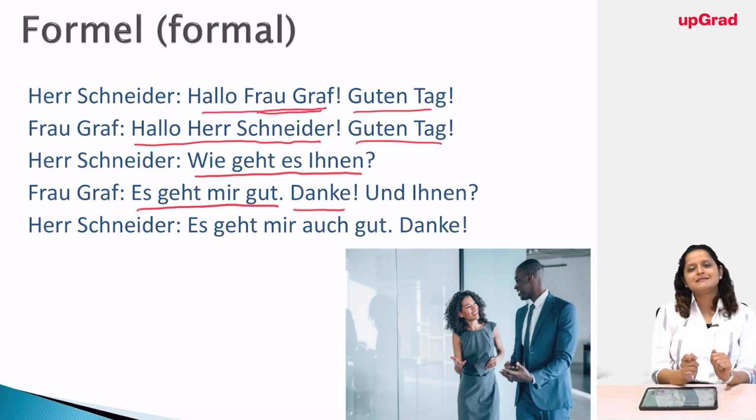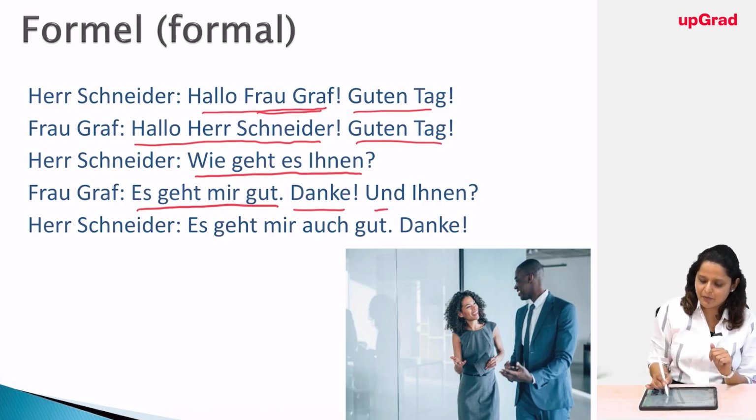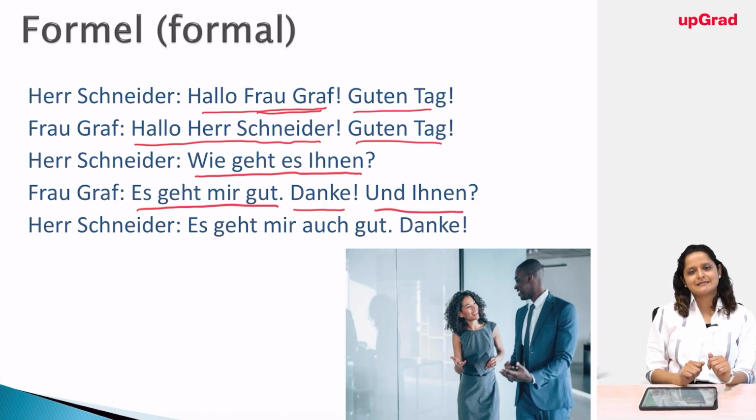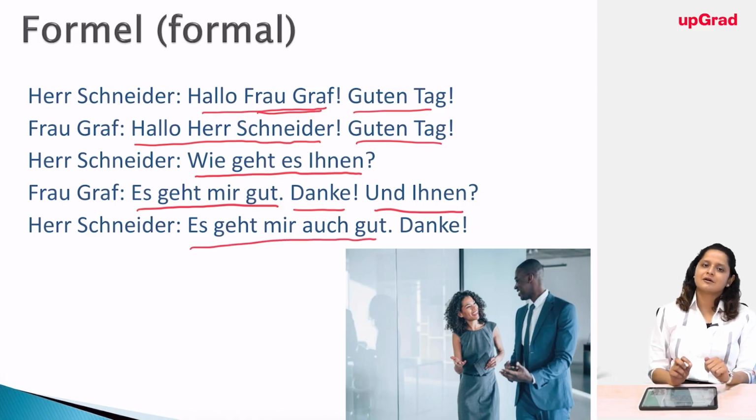So, the response remains the same, es geht mir gut, danke, and it is followed by the same thing, und Ihnen. That is, we ask the other person that same question, und Ihnen. So, und Ihnen, the response to that means, es geht mir auch gut. So, the auch here means also, and you of course want to end the conversation with a thank you.